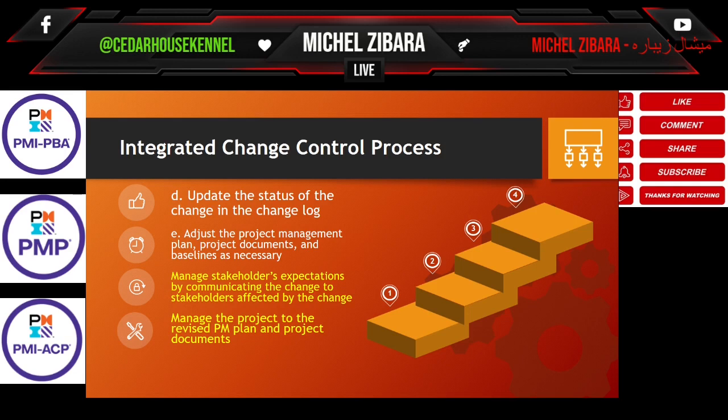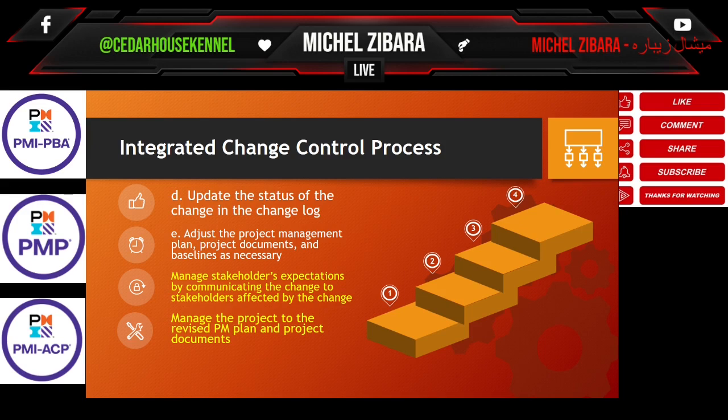After updating the change and documenting it, and let's say it's approved, then we adjust the project management plan, the project documents and the baselines as necessary with that approved change, and we make sure they are all up to date and none of the project management plan and sub plans are outdated.